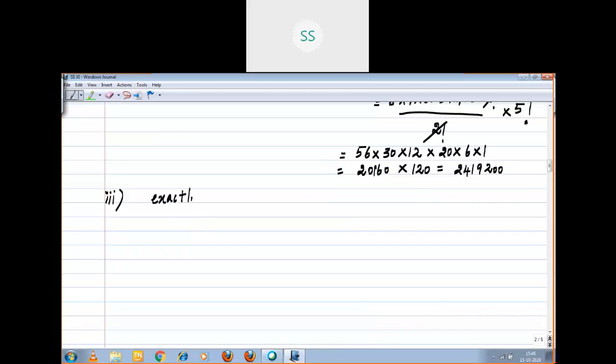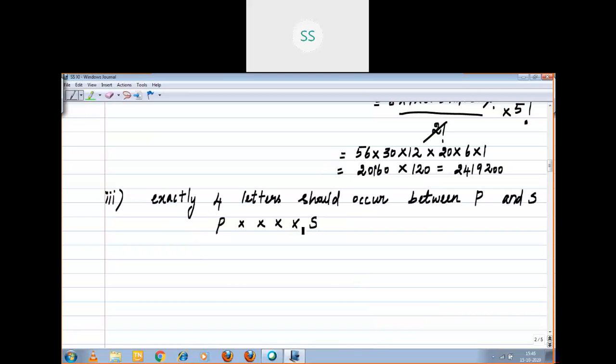See here, exactly 4 letters should occur between P and S. That means totally how many letters are there? 6, right? P and S are fixed with 4 letters in between. For example, P is in the first position, S in the sixth position.